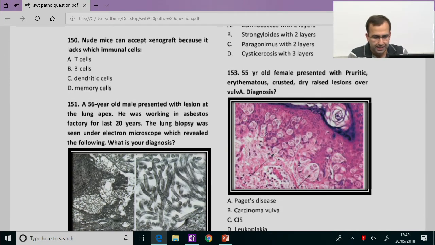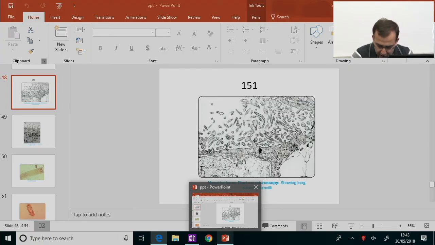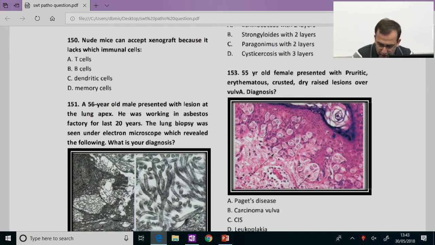Now what you see here is a pruritic erythematous raised lesion over the vulva. Diagnosis: you are able to see the presence of large cells, large vacuolated cells with prominent nucleoli.